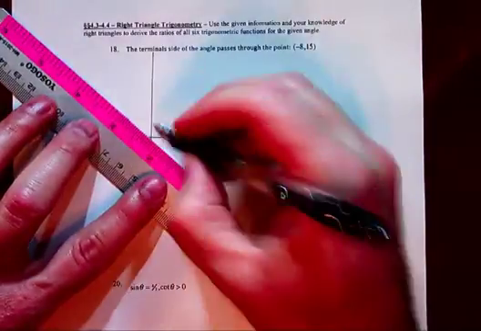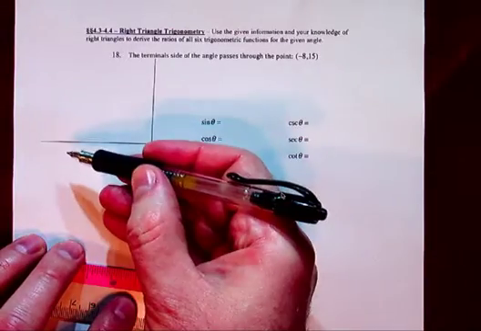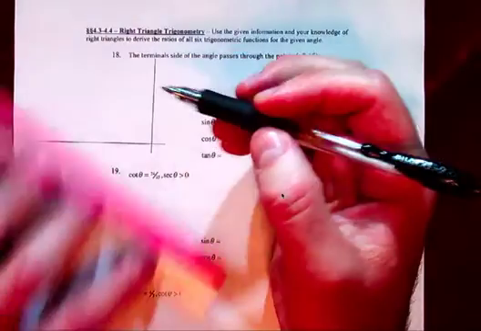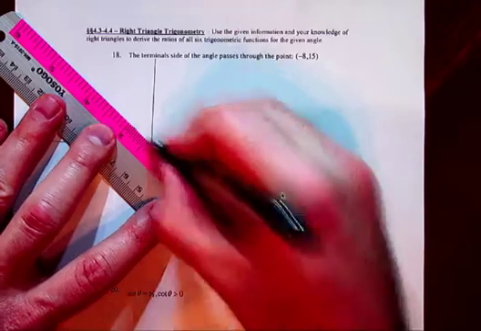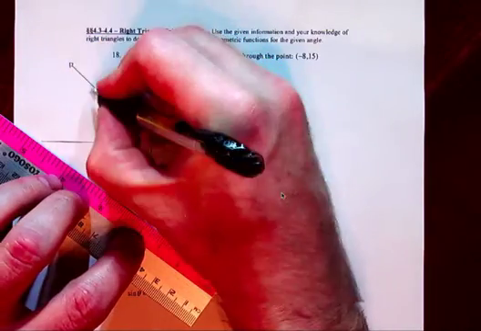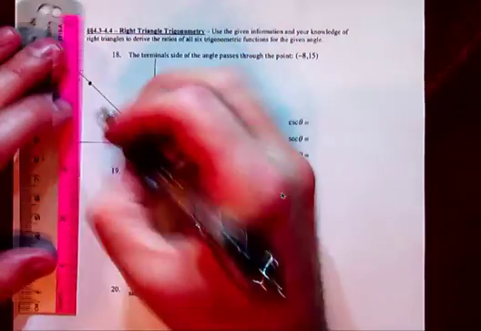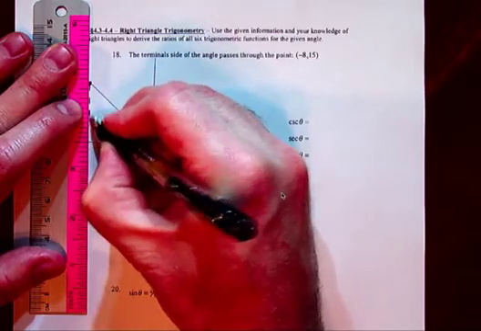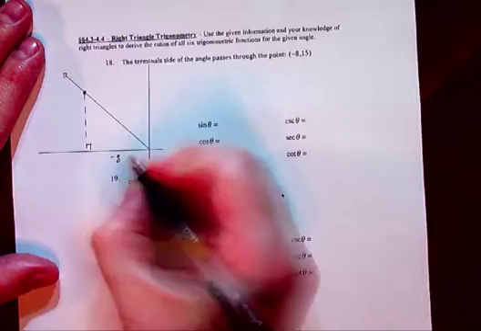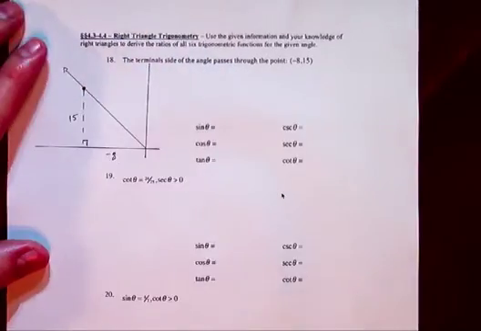It's -8, 15. I'm not going to do it to scale, but -8 goes in the negative x direction, then it goes up. So it's in the second quadrant. Let's call that our point, even though it's not to scale. This is -8, this is +15.